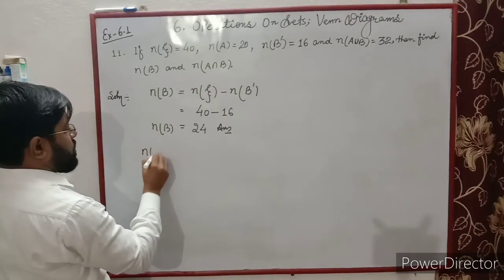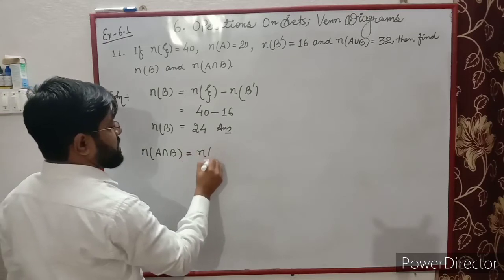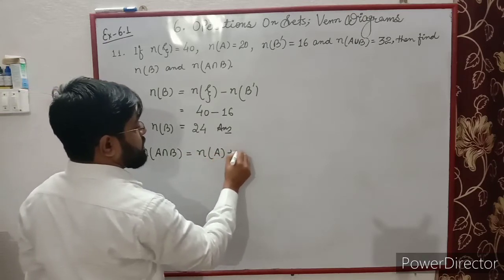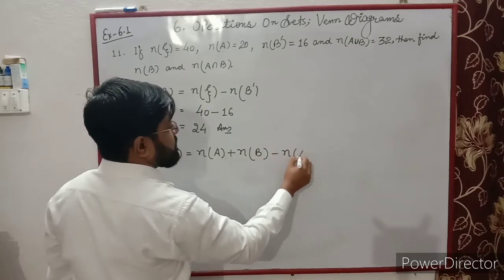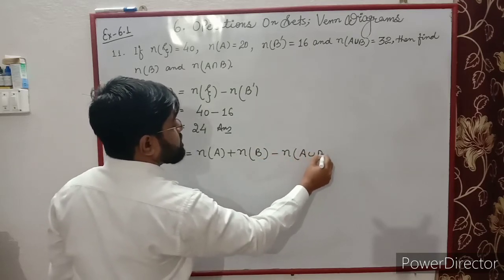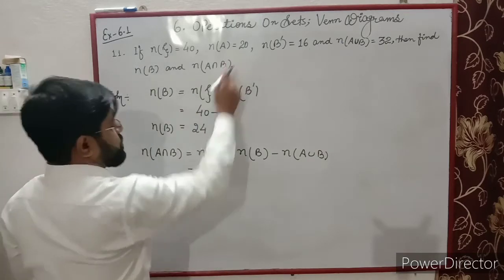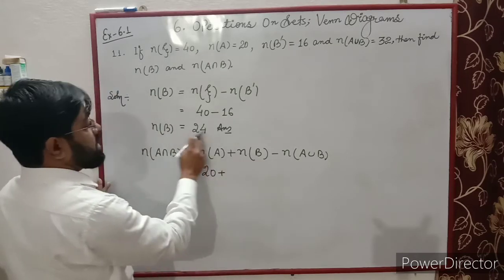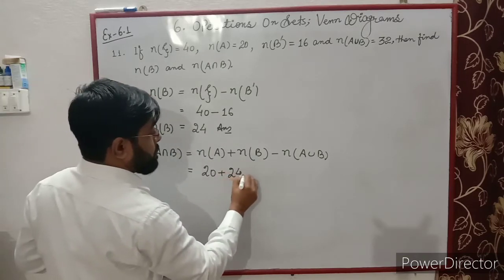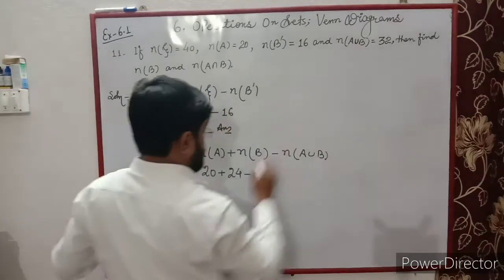Now we have to find n(A intersection B). So n(A intersection B) is equal to n(A) plus n(B) minus n(A union B). Now n(A) is given 20 plus n(B) is 24 minus n(A union B) is 32.